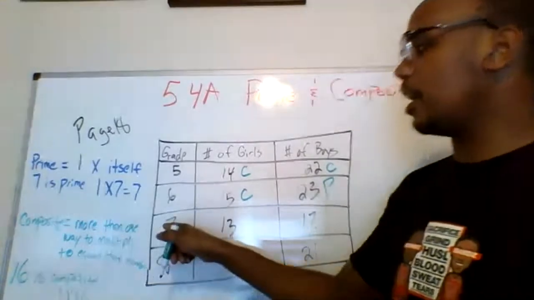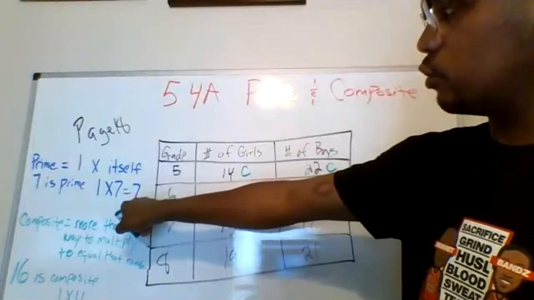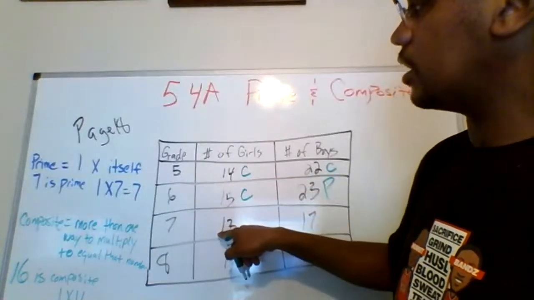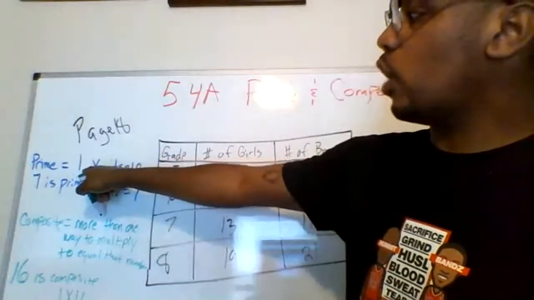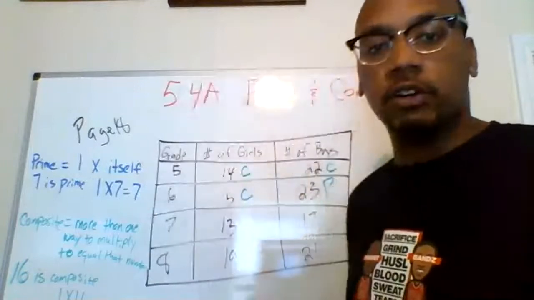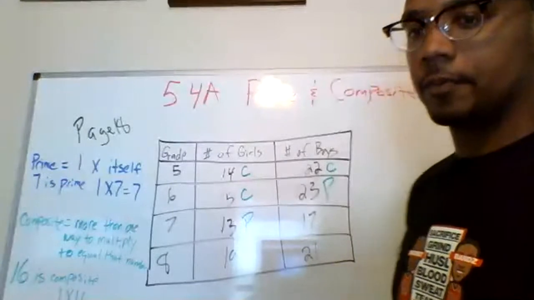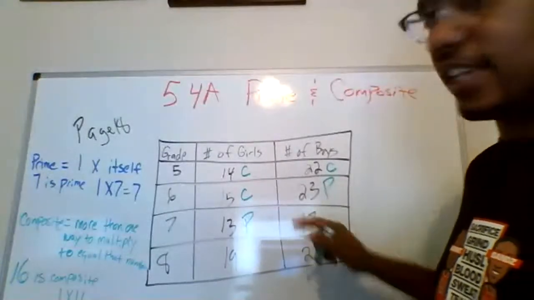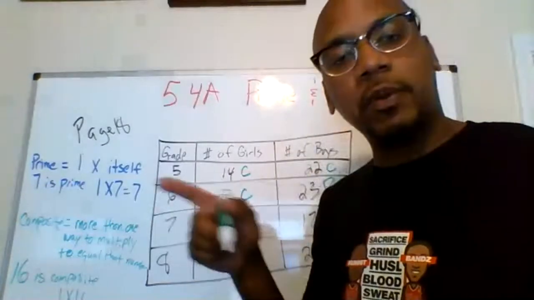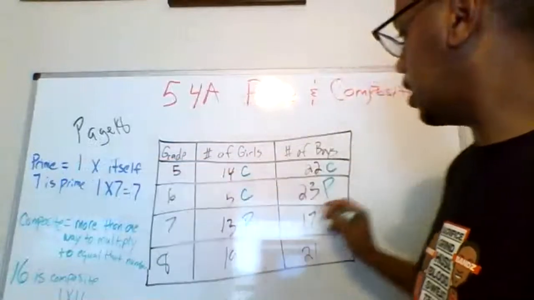Now, grade 7. I already showed you 7 is prime. Grade 7, 13 is 1 times itself, because the only thing I can multiply to get 13 is 1 times 13. Prime. 17, the only numbers I can multiply to get 17 are 1 times 17, 1 times itself.